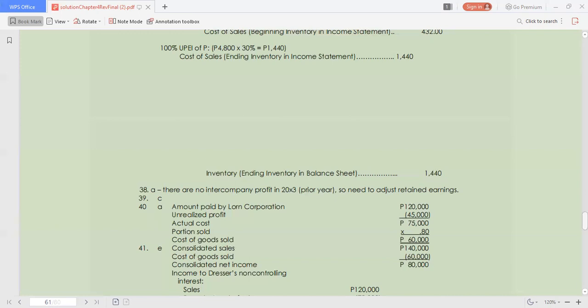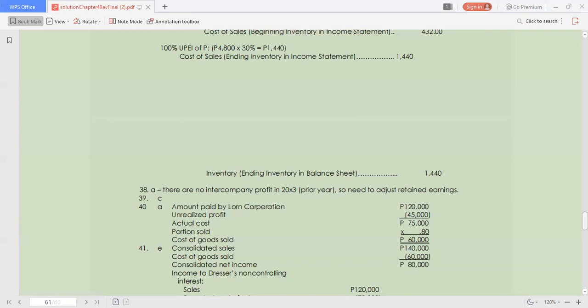Then we deduct the unrealized profit of 45,000, because the actual cost is 75,000. Then we multiply the 75,000 by 80%, the portion sold. So the cost of goods sold is 60,000 in number 40.